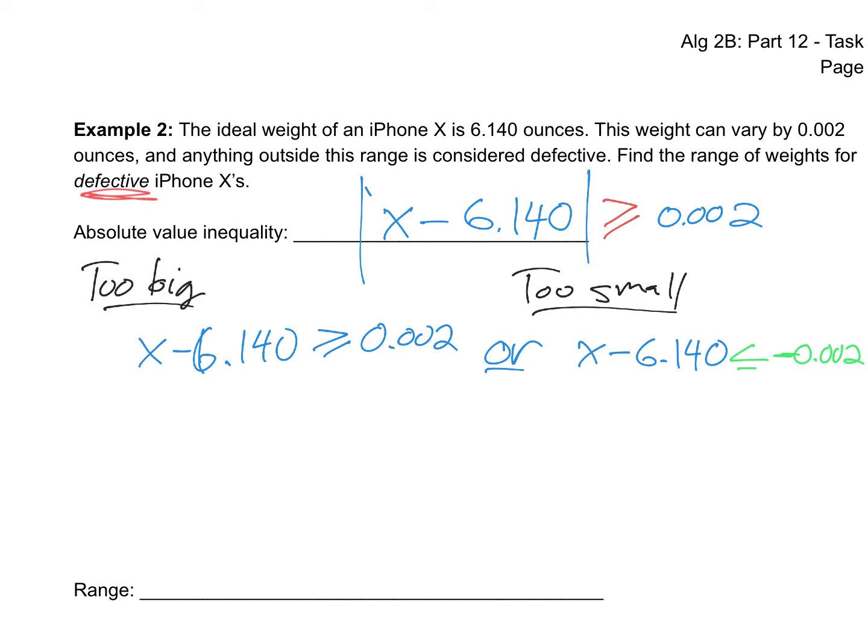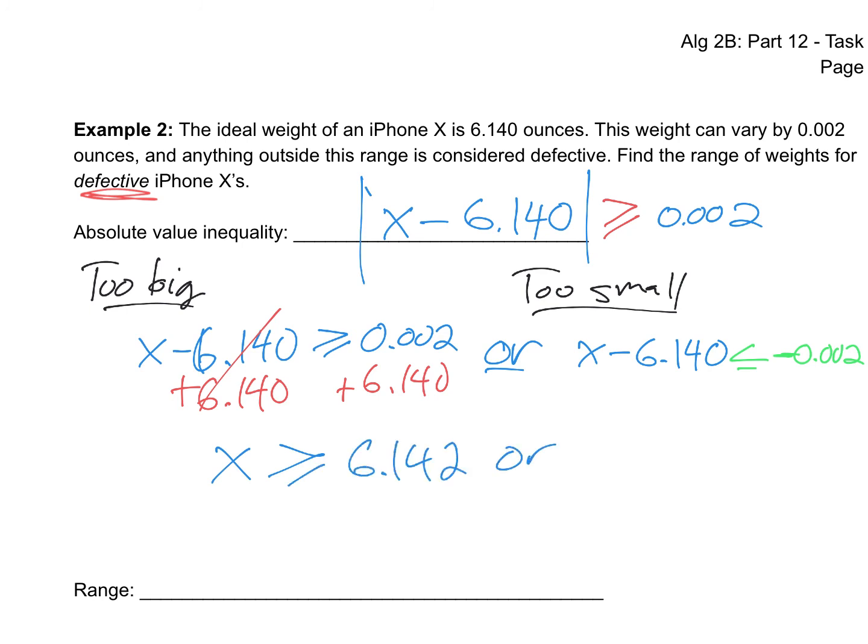Then we solve. And solving these is just like before, except you solve them both separately. So I'm going to add 6.140 on both sides, and I get x greater than or equal to 6.142, or, and then I solve the second one the same way.